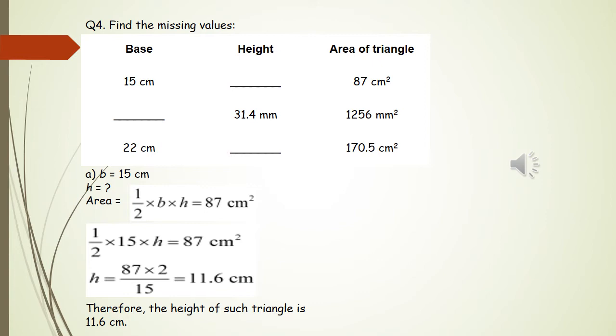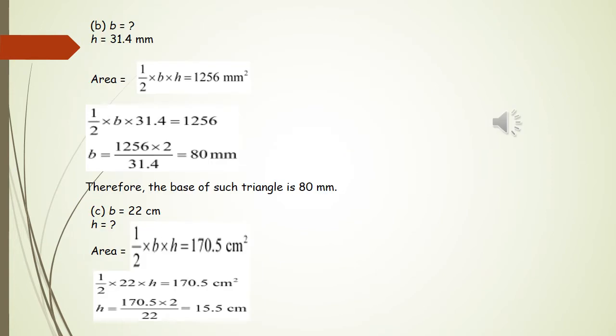If you calculate, we get the height of the triangle as 11.6 centimeter. Moving to part B, here height is provided but base has to be found. The same formula is used, half into base into height, and the given area is 1256 millimeter square.